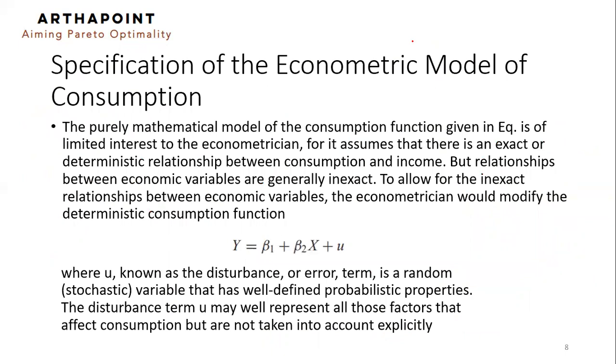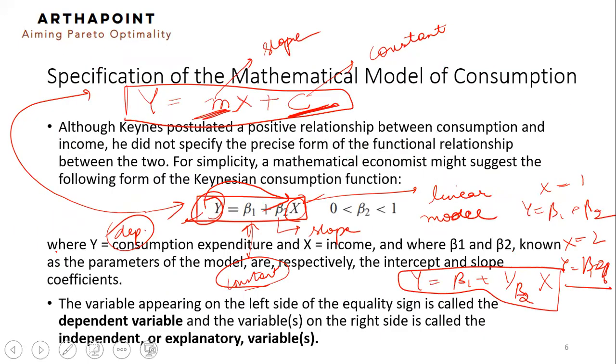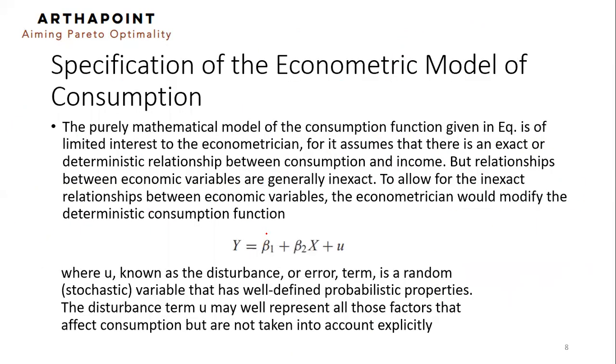The next thing is specification of the econometrics model. Now, the mathematical model is this: consumption is dependent on income, and that's your mathematical model. You've given that a model form. Now, what you're going to do is give an econometric model of consumption. The moment we talk about an econometric model, we go ahead and define an error term with it.